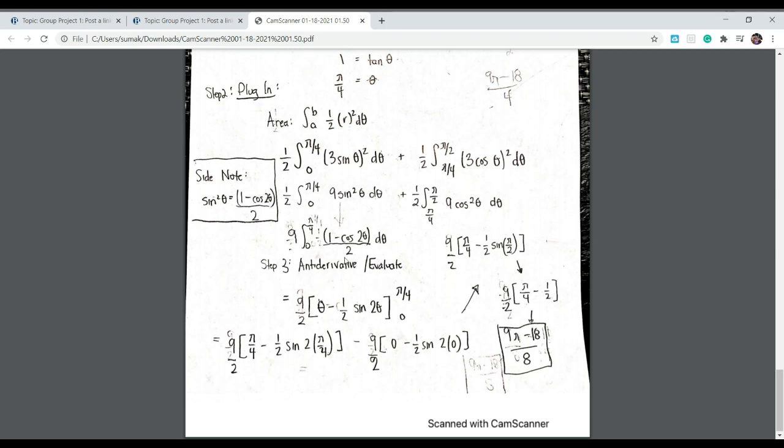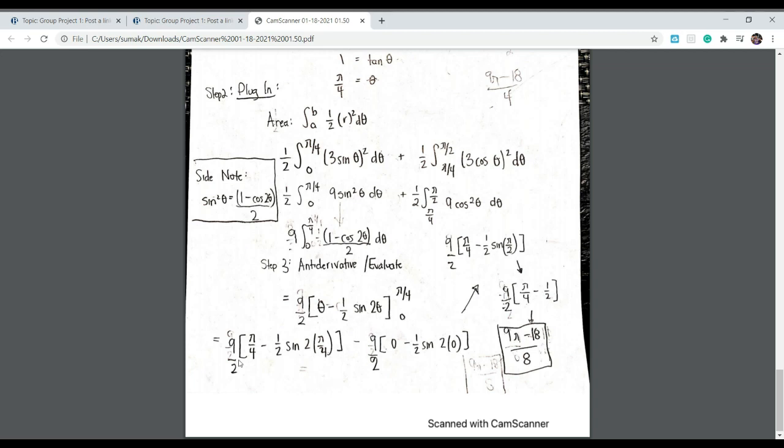And so we're going to take that antiderivative and evaluate it. I'm going to pull the 2 out of the denominator, so it would be 1 over 2 outside the parentheses. So it's going to equal 9 halves times, and the antiderivative of 1 is theta, and the antiderivative of negative cosine 2 theta is negative 1/2 sine 2 theta, from 0 to pi over 4.